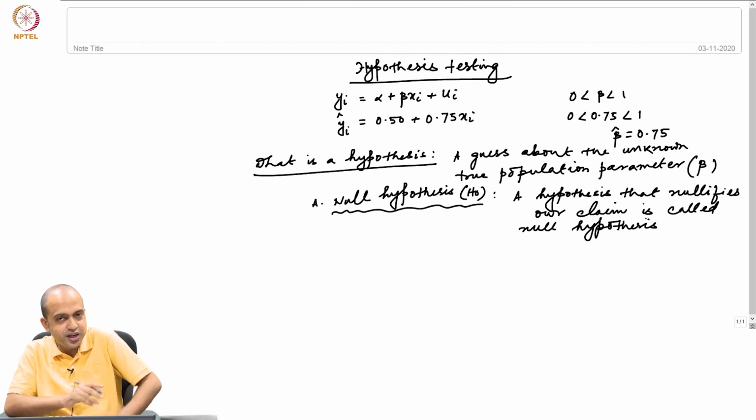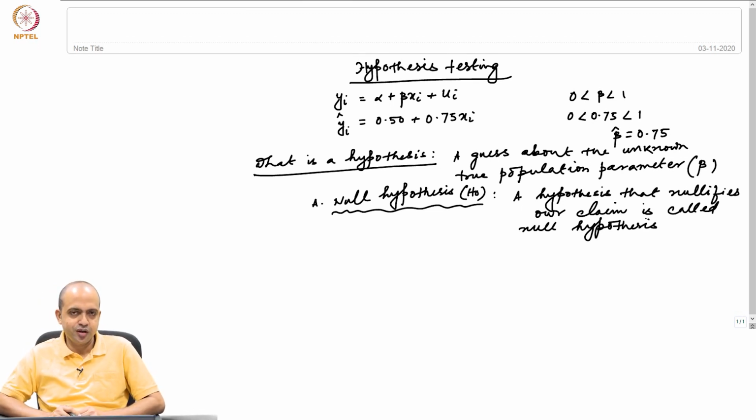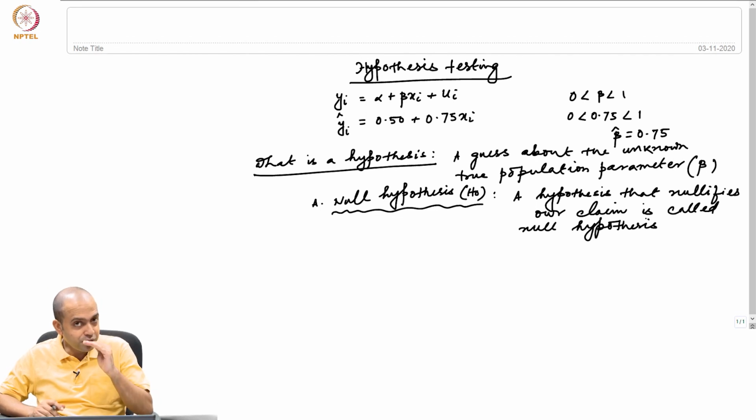From the name itself you are getting this. The null hypothesis is a hypothesis that nullifies our claim. Now, in this context, what is our claim? Our claim is that income has a significant impact on consumption. If you nullify, what would be the hypothesis? Income does not have any significant impact on consumption.